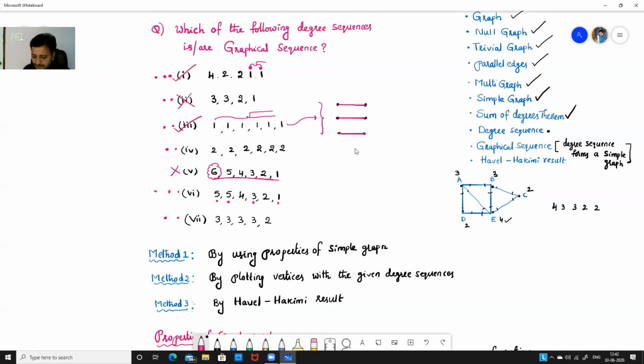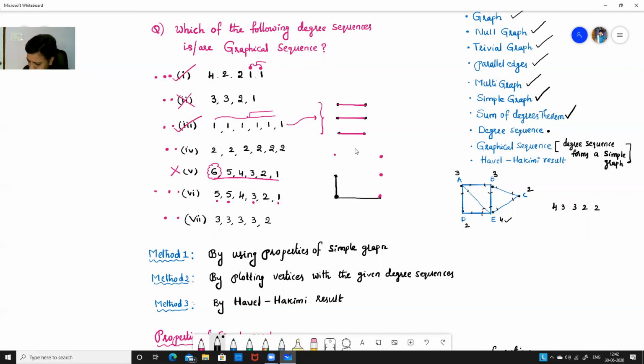What about this one? Degree of every vertex is 2 in this case, and we have 6 vertices. Let me take 6 vertices, and degree of every vertex is 2, so I can draw like this.